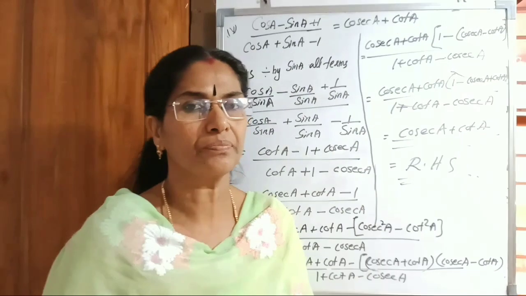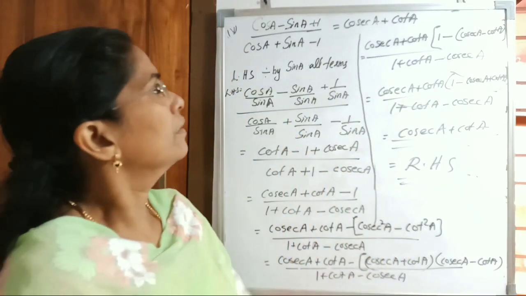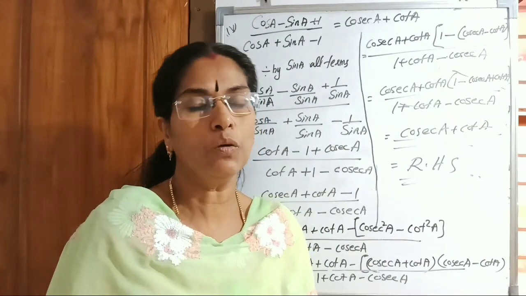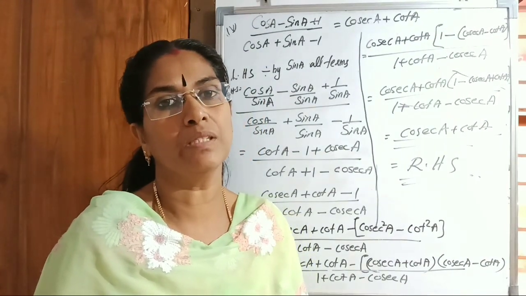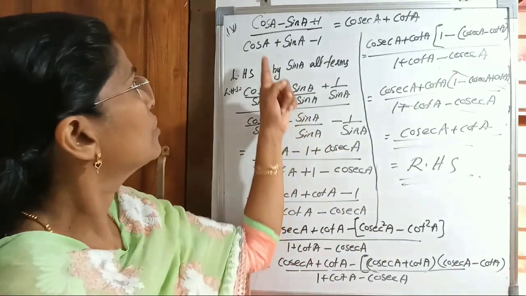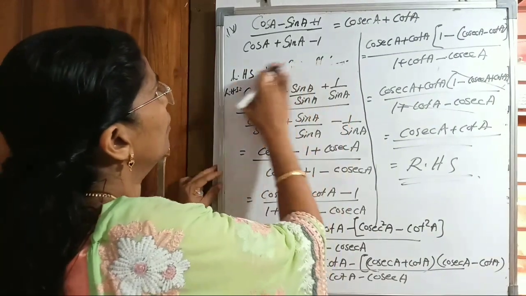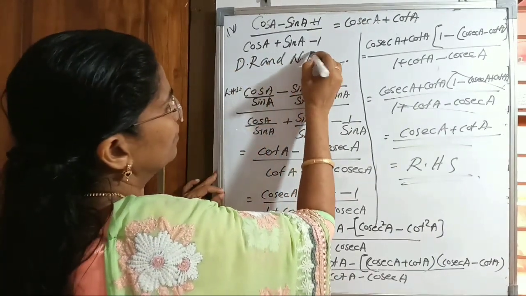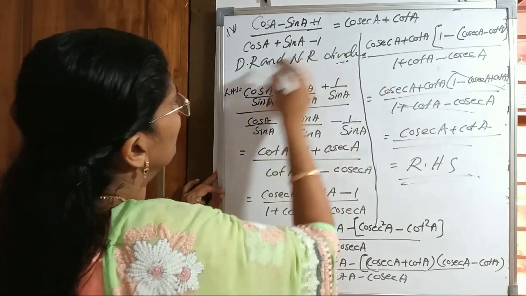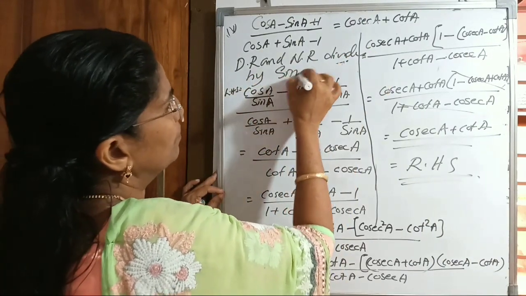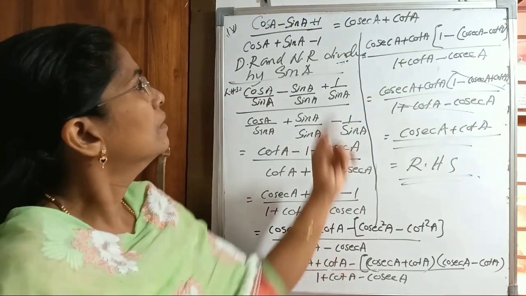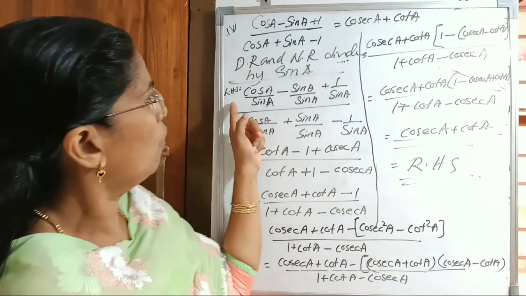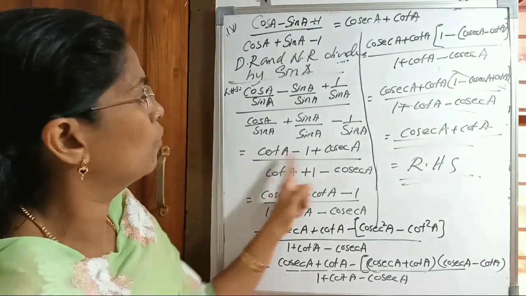Okay, clear this one? First, you have to check the right side. Here cosec and cot. So we have to get the answer in cosec and cot terms. So we are dividing numerator and denominator, all terms, with sin A. We will get it in terms of cot and cosec.